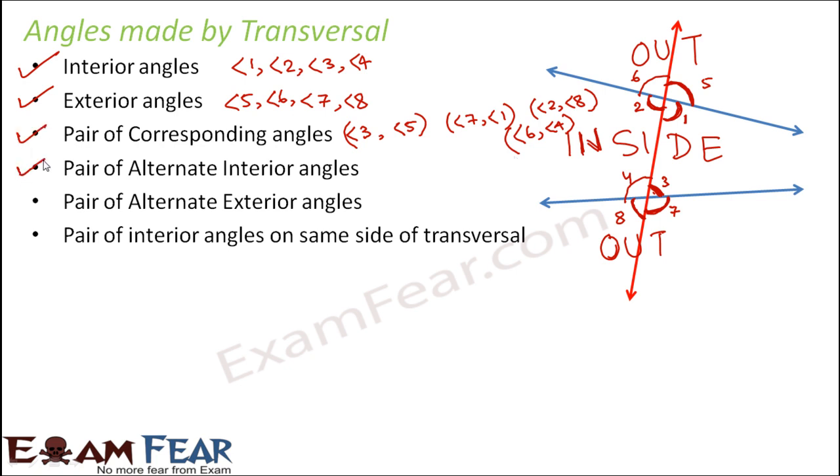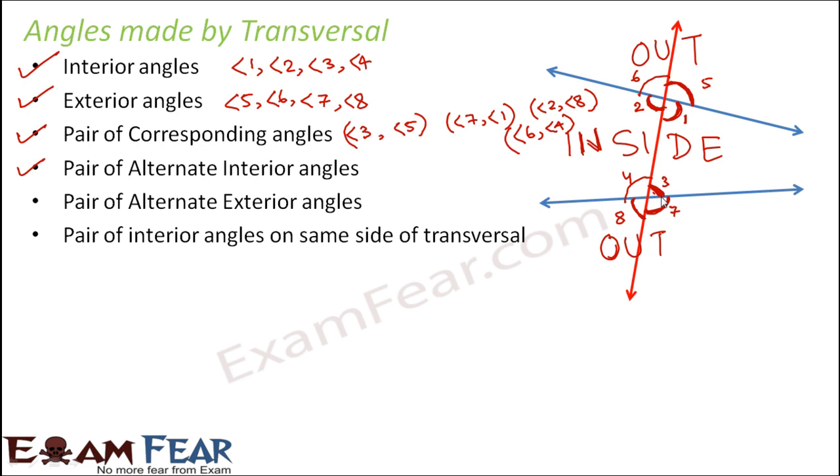Next we have alternate interior angles. These are also interior angles, but they are alternate interior angles. We have 4 interior angles, right? 1, 2, 3 and 4. Alternate interior angles would be 2 interior angles which are located on alternate sides of the transversal. For example, angle 2 is located on the left hand side of the transversal, angle 3 is located on the right hand side.